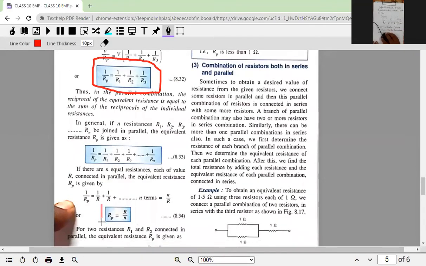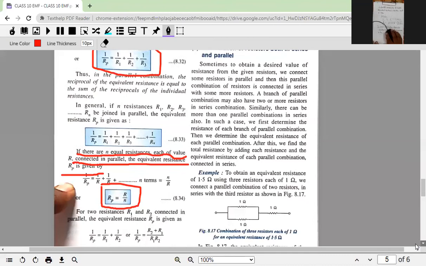This, in case of identical resistors, I also told. It's clear. If there are n identical equal resistances, each of value R, connected in parallel, then equivalent resistance RP is given by this.